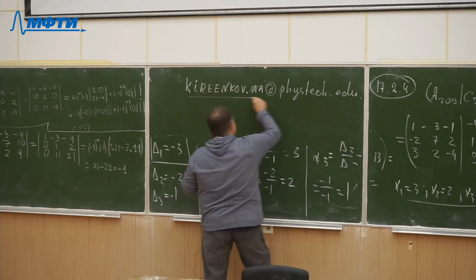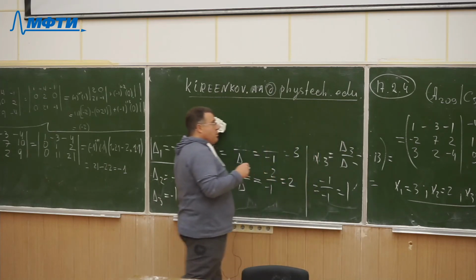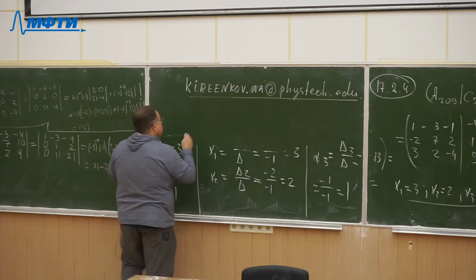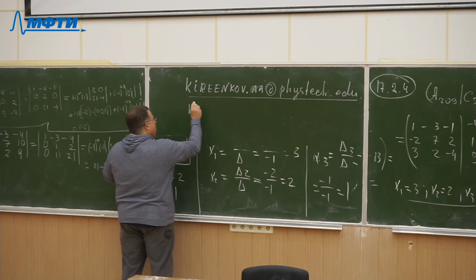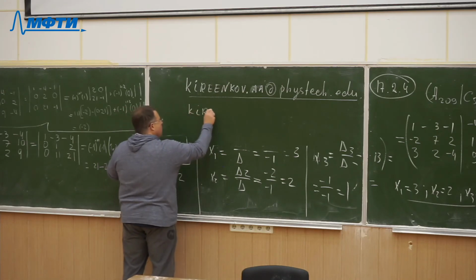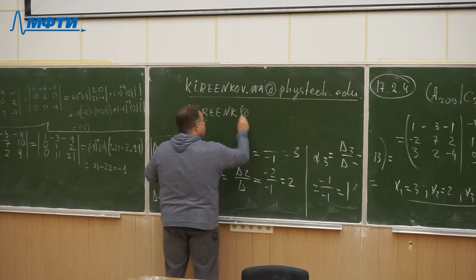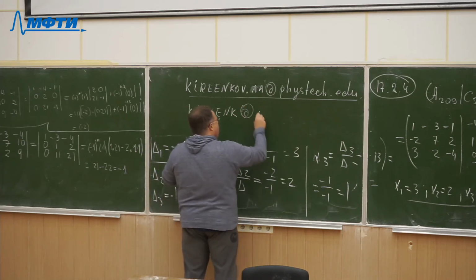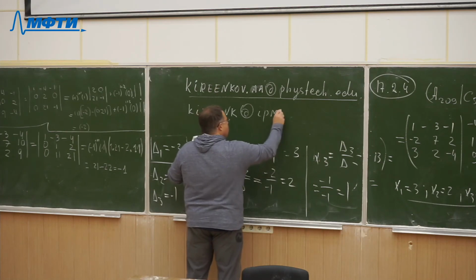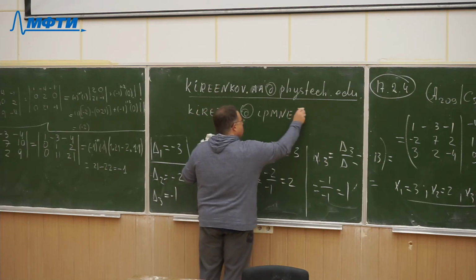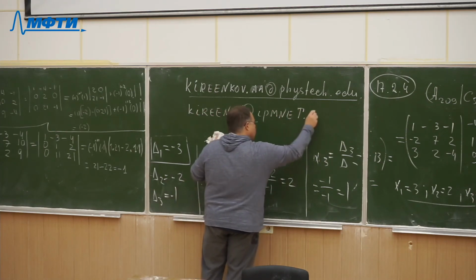It's the main email for correspondence, and the second email is Kireenk at ipmnet.point.ru.